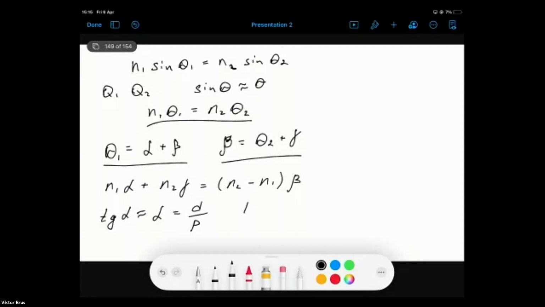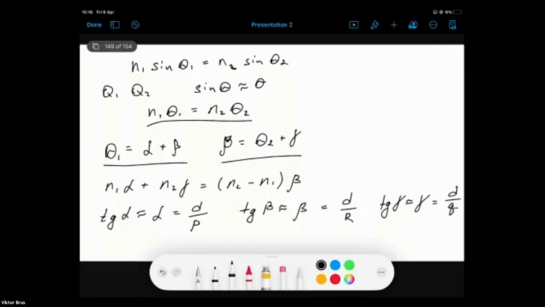Then tangent beta, in first approximation, is equal to beta, and that will be equal to d over r, where R is the radius of curvature of the interface, and tangent gamma is in first approximation equal to gamma, and that is d over q.